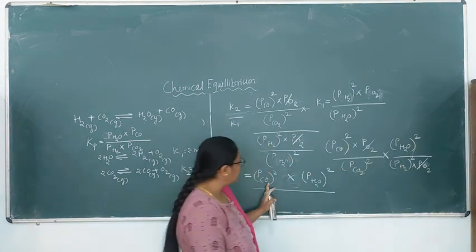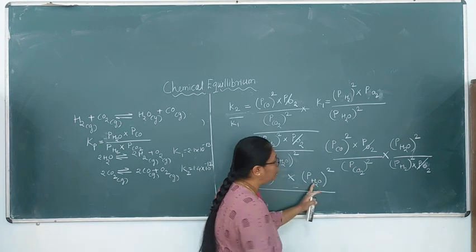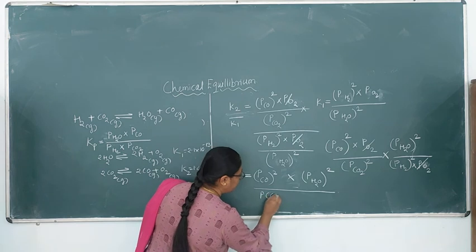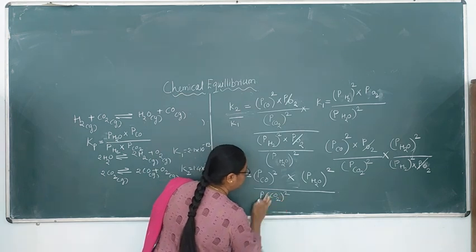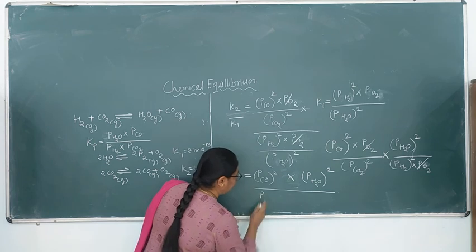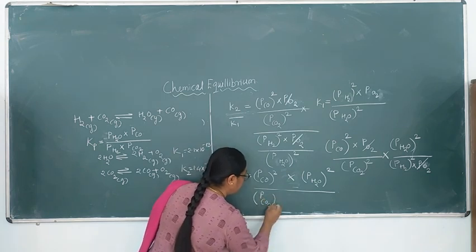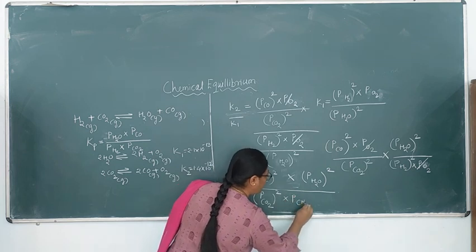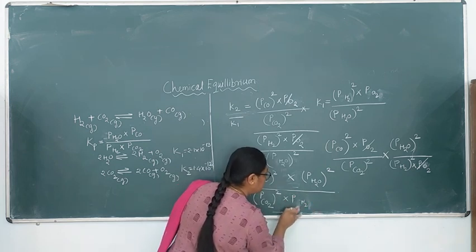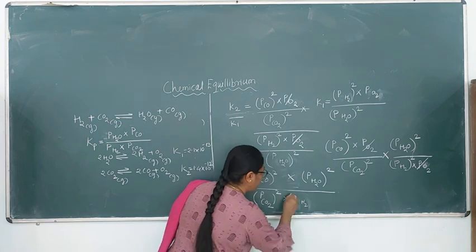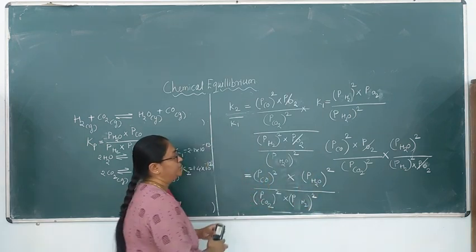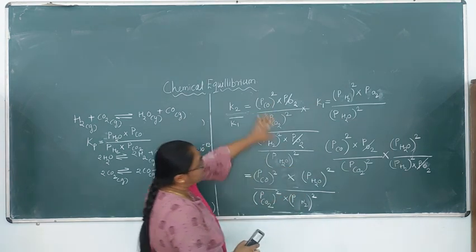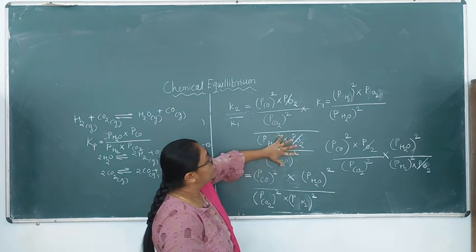Now pressure of carbon monoxide raised to 2 into partial pressure of water raised to 2, and the remaining terms here. This raised to 2 into partial pressure of hydrogen again raised to 2. Alright.